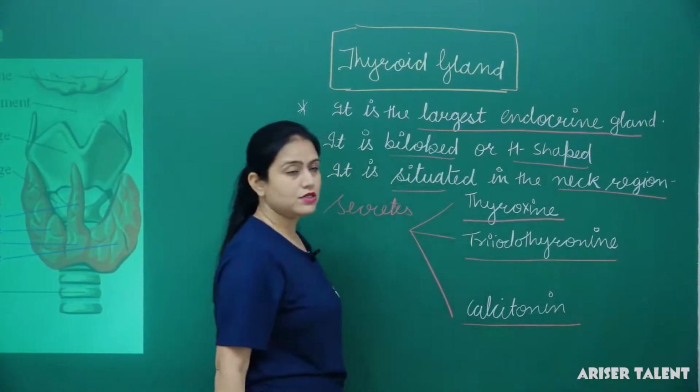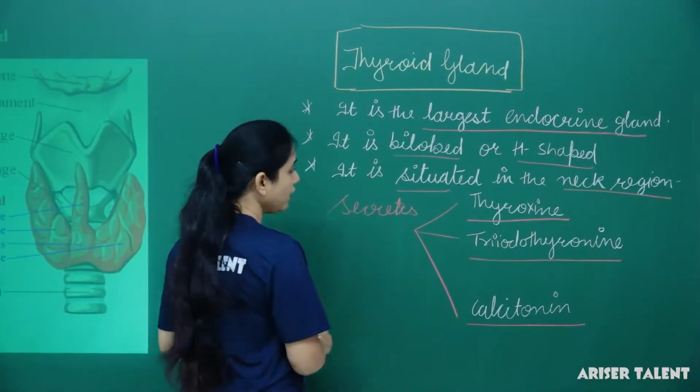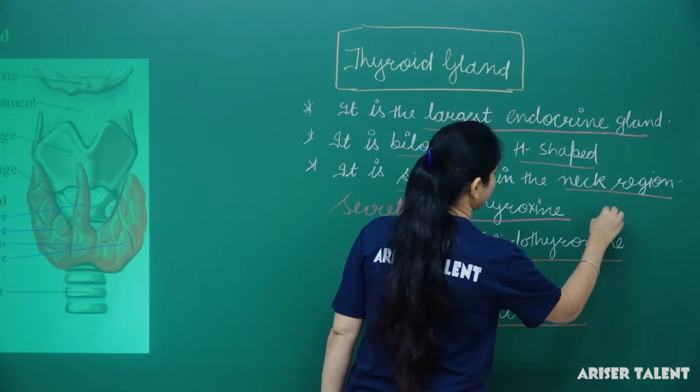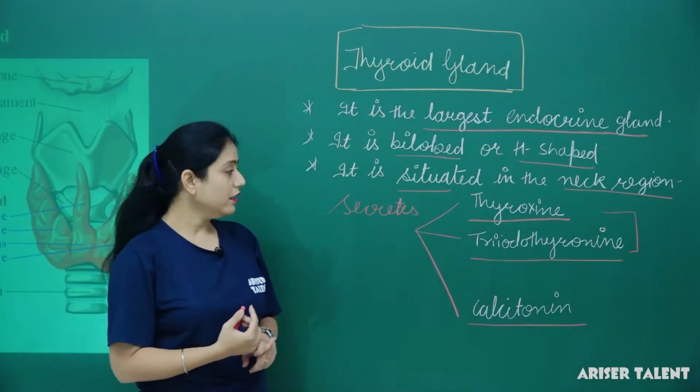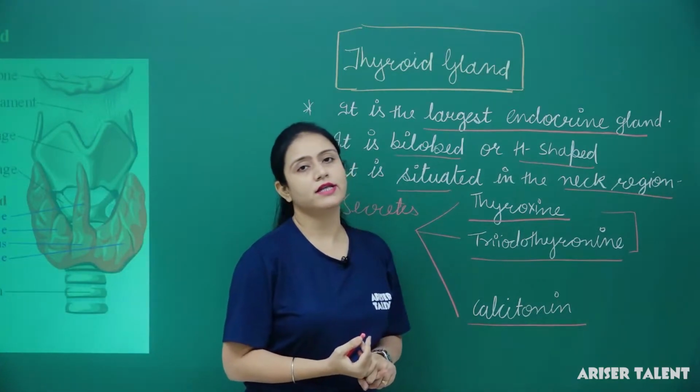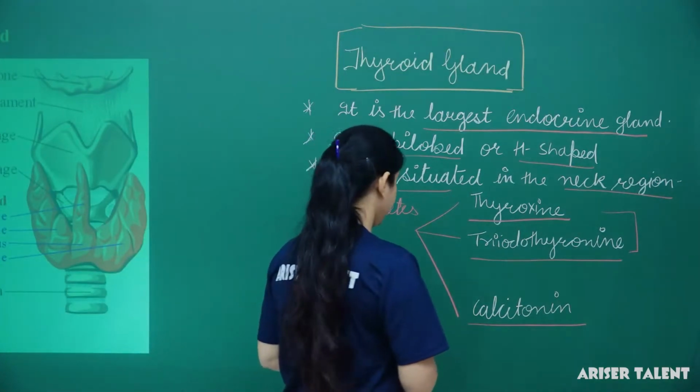Okay. Now these two, thyroxine and triiodothyronine, generally they are iodinated forms of the amino acid, that is tyrosine. Okay, let me mention.